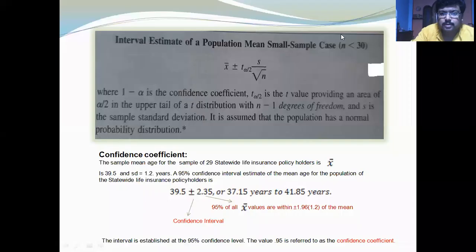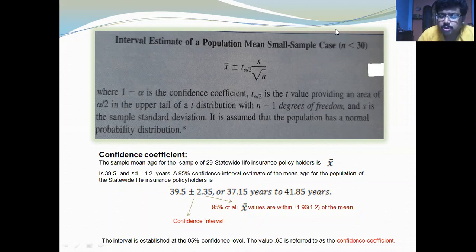Sampling distribution shows how the sample mean values are distributed around the population mean.